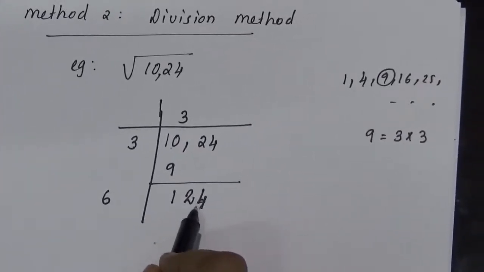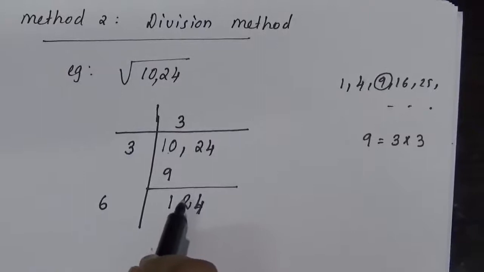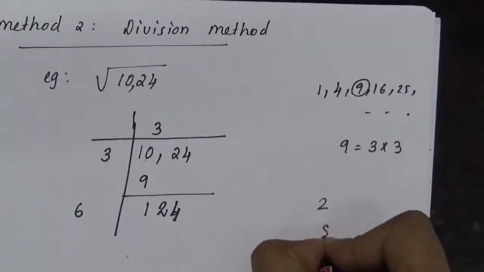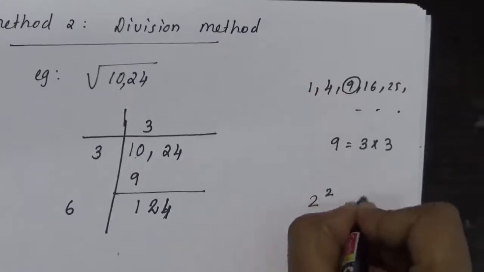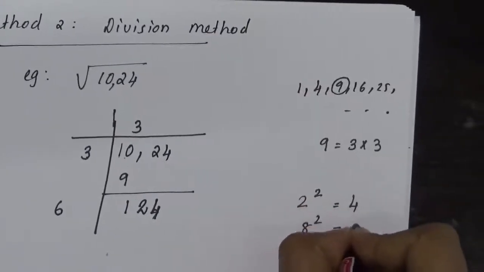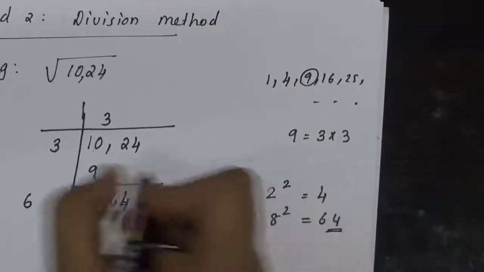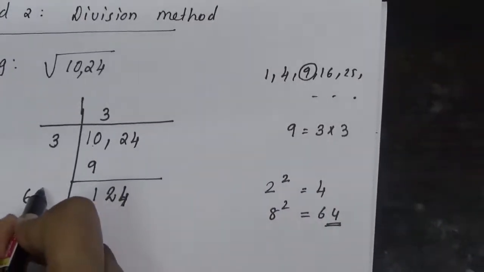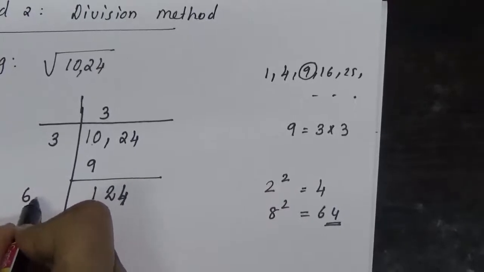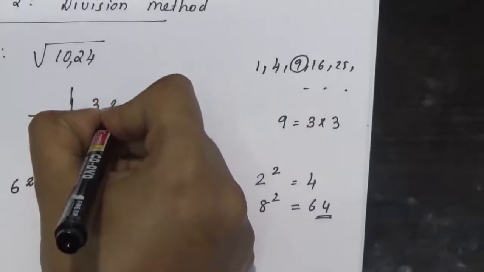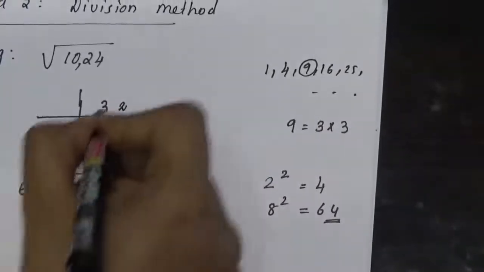We know that 4 comes in the units place of the squares of the numbers 2 and 8. 2 square is 4, 8 square is 64. So in the units place we have 4. So here we need to put either 2 or 8. If you put 2 here, you have to put 2 here. If you put 8 here, instead of this 2, you have to put 8.